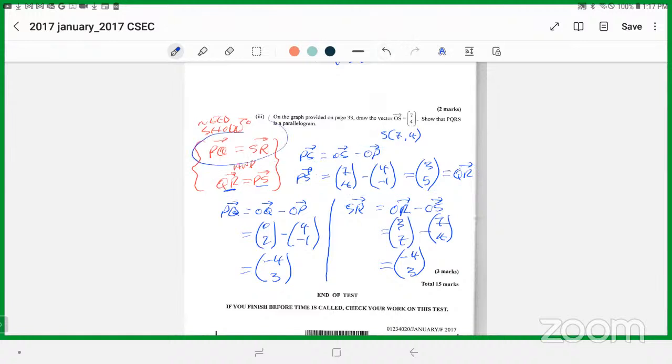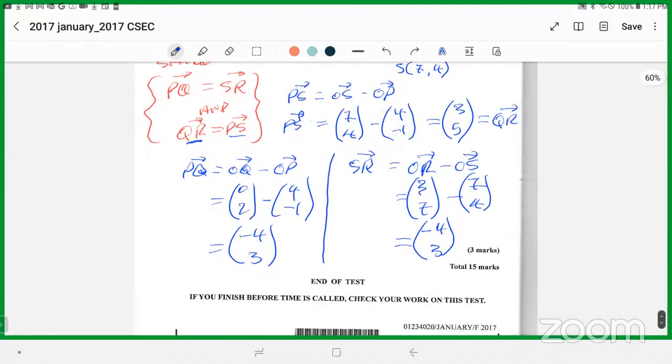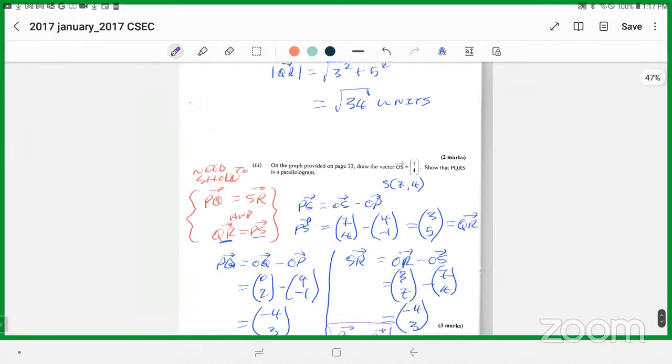And now we just show that this is this. We don't have a lot of space, but we'd say, therefore, PQ is equal to SR. So I've shown this, and we have shown this one, which are the things that we need to show to prove that it's a parallelogram.